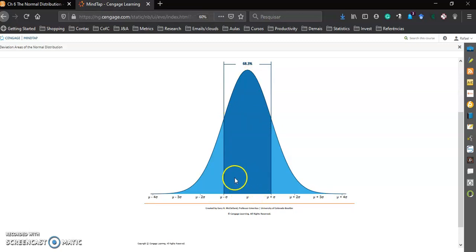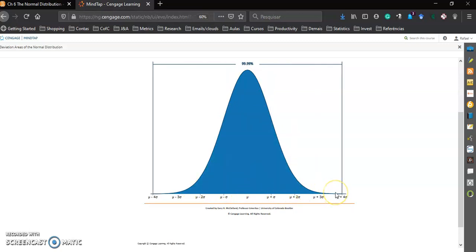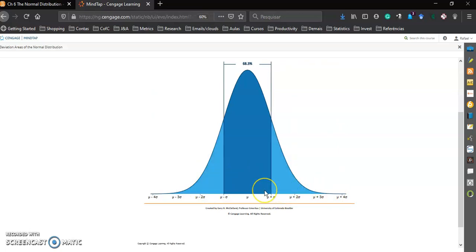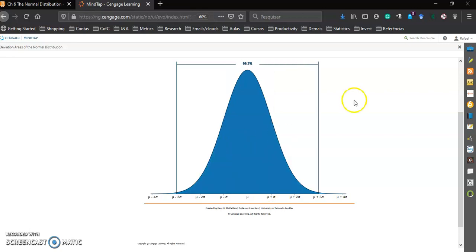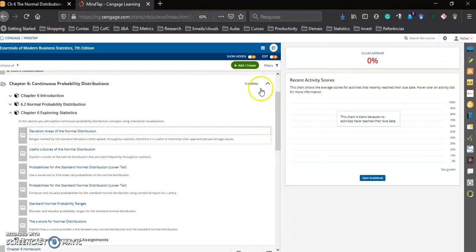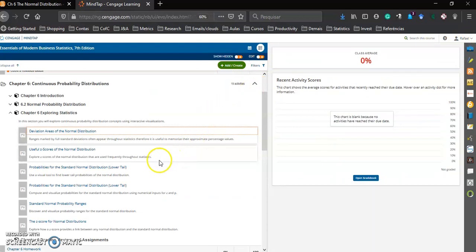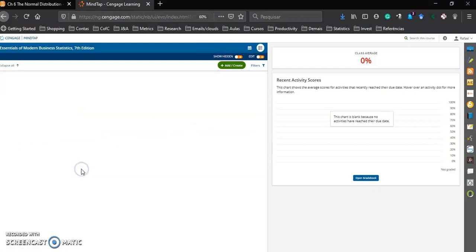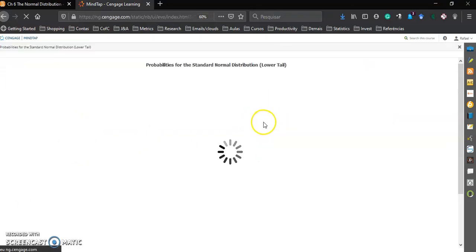This entire figure has 100% of the area. So as we have certain values around the mean, we have a certain amount of area. This is what we are talking about. Let me see if I can use another one here to help illustrate this concept.